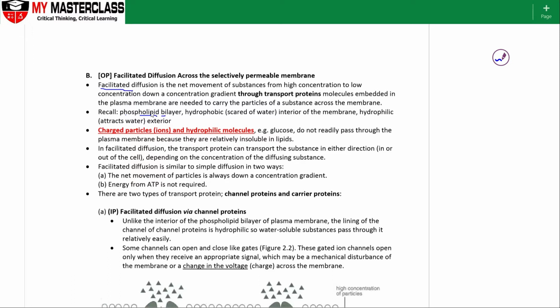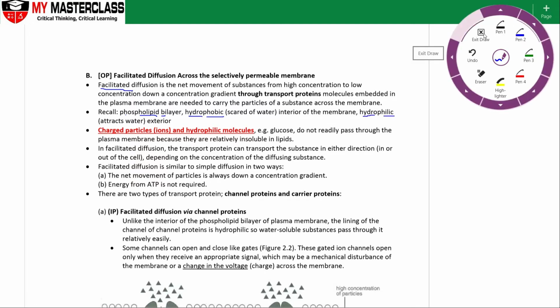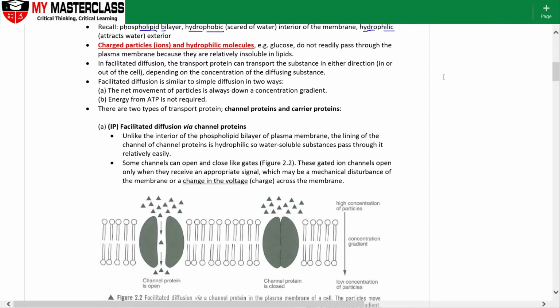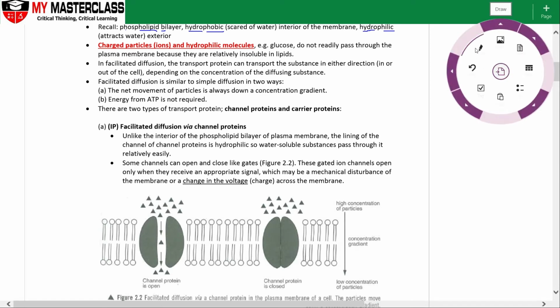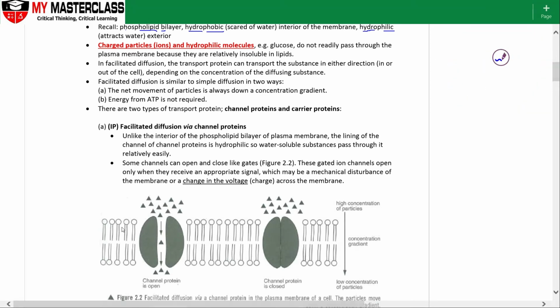So it has two layers of lipid membrane, which means that the interior of my cell is scared of water. Hydro means water, phobic means scared. While the exterior is hydrophilic, hydro means water, philic is to like. The exterior has to be hydrophilic because remember our blood plasma is made up of approximately 75% water.